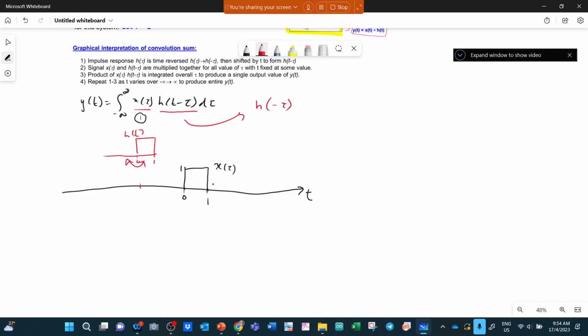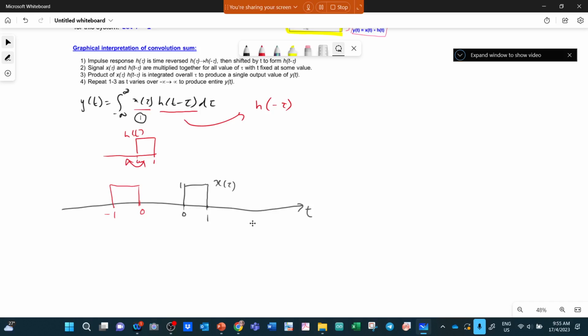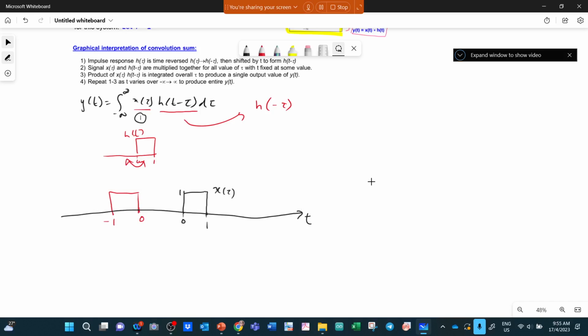So I draw it like this, flipped. So this becomes 0, and this becomes minus 1. We draw it on the left side.